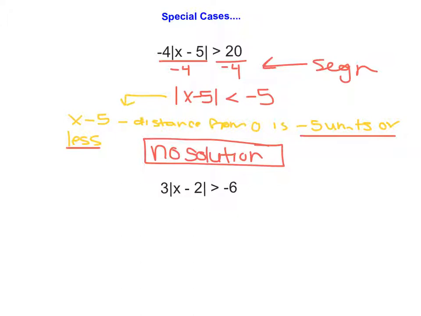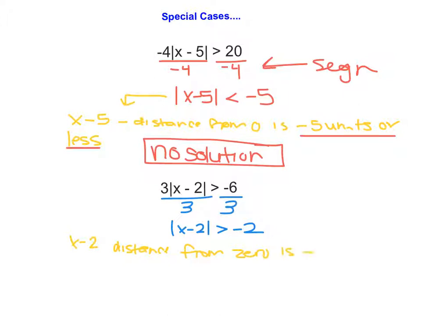Now, if we look at the second example here, if we divide both sides by 3, we get the absolute value of x minus 2 is greater than negative 2. So this is saying that x minus 2, its distance from 0 is negative 2 units or more.